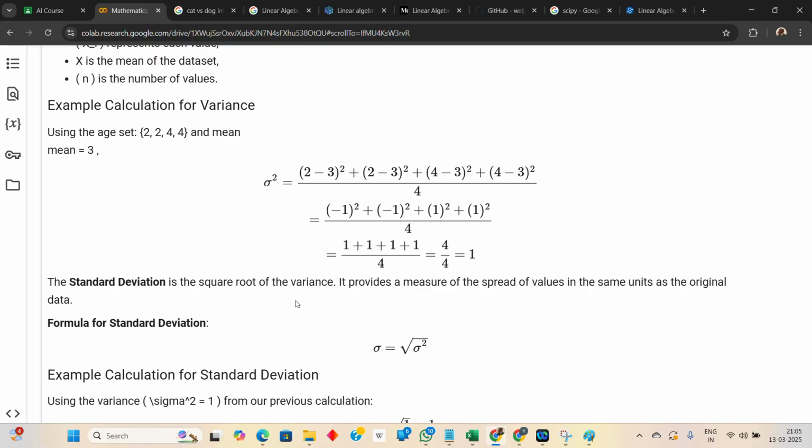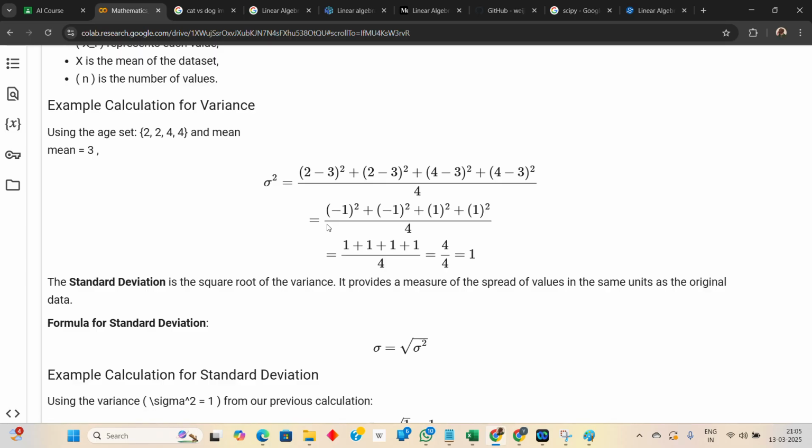Why do we require standard deviation? I will explain. It actually helps us measure the spread of the values in the same unit as the original, because variance is a squared thing. Of course here we have only -1 square. What if there is a value like -5 square? If we square it, we will get 25, right?